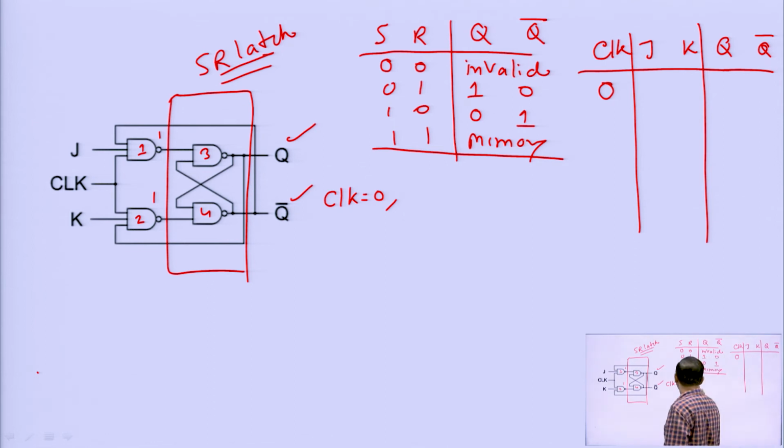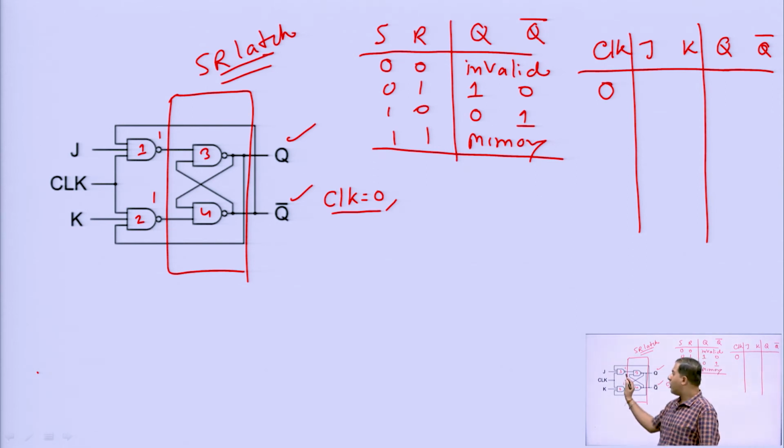So, when clock is 0, we will not depend on the input of J and K, and you can see here that Q bar is connected as an input to the first NAND gate and Q is connected to the second NAND gate as input.